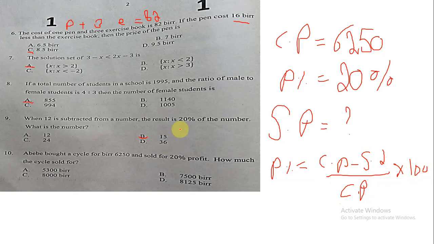So when you place the numbers in place of their symbols, then crisscross, you will find the answer for this question, which will be B. The choice B, 7,500 birr. Okay, now to the next page.